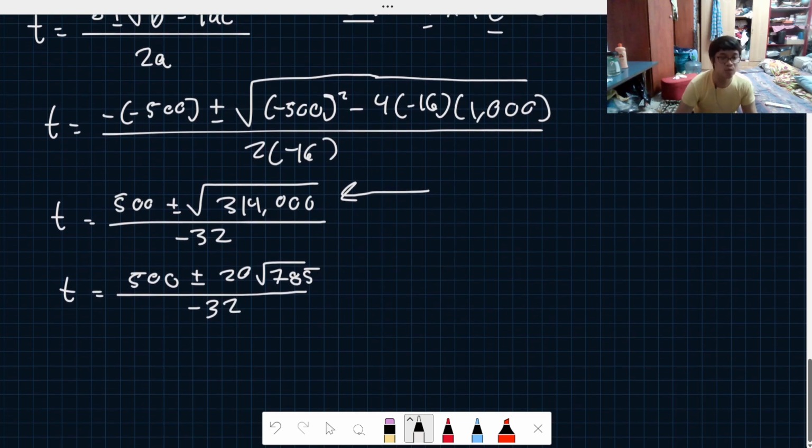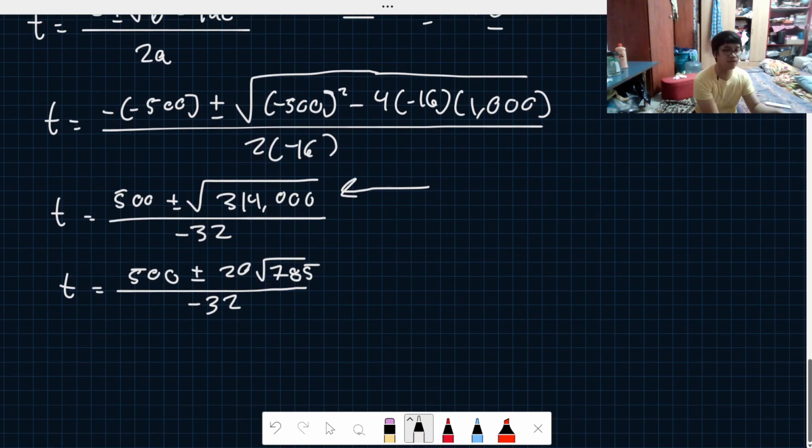I can simplify this one because I believe that 500, 20, and 32 are all divisible by 4. So 500 divided by 4 is 125, 20 divided by 4 is 5, and negative 32 divided by 4 is negative 8.